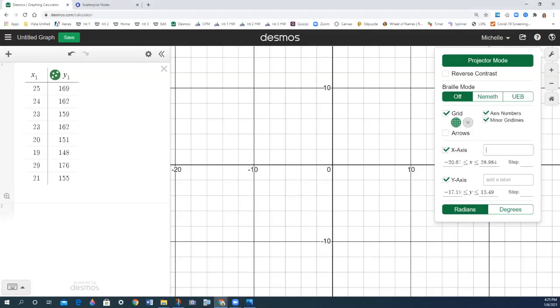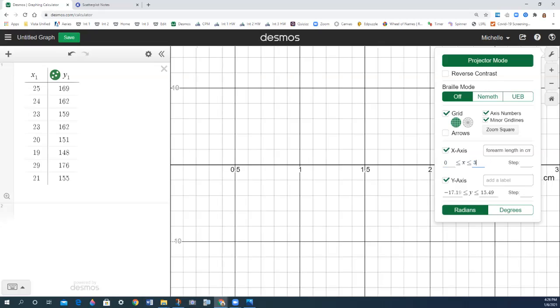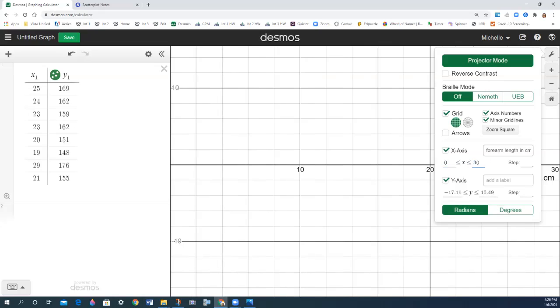And I'm going to type in what the X column was, which was forearm length in centimeters. And then for this, what's the max? 29. So let's say I go from 0 to 30. Okay.